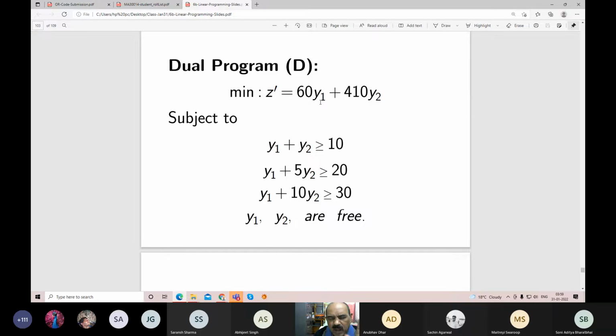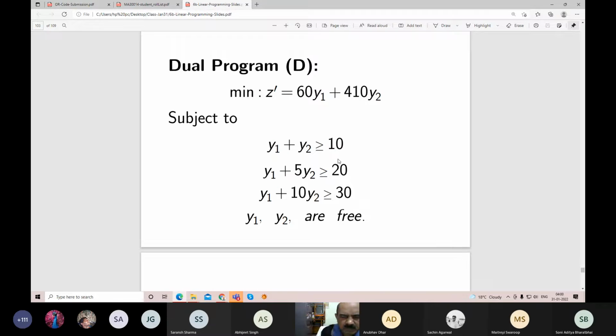Any two you can select. Then there will be 4 variables. How many constraints? 1, 2, 3. 3 only, not 4. There will be 3 constraints and 4 variables. The problem is minimization type. How to solve? Which method will apply?